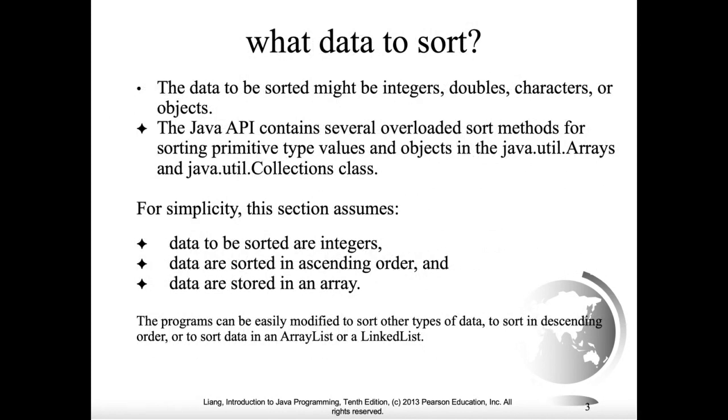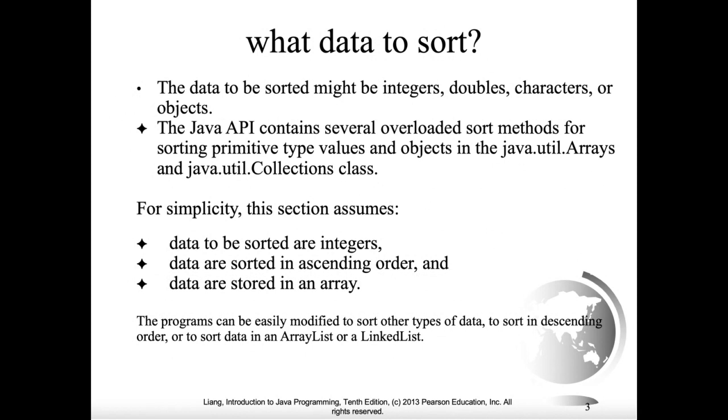Now the question may be, what is a sorting algorithm? Why do we need to sort? We all know that when we have data, sometimes we have a lot of integers or double values or even characters, or other types of objects, right? And we'd like to be able to order them in a way that we can understand them even better.